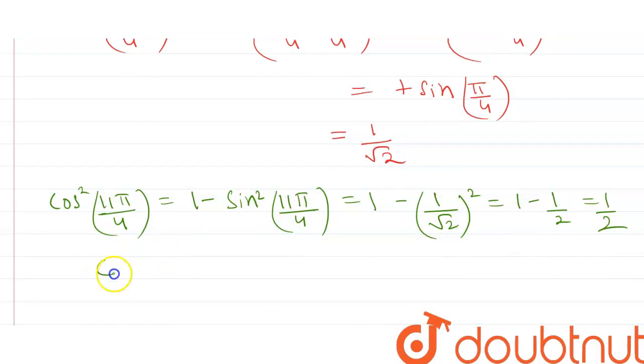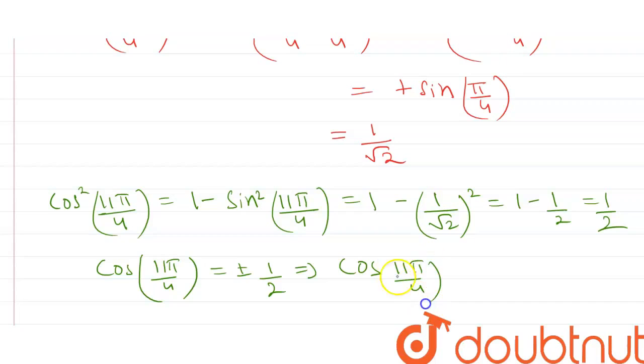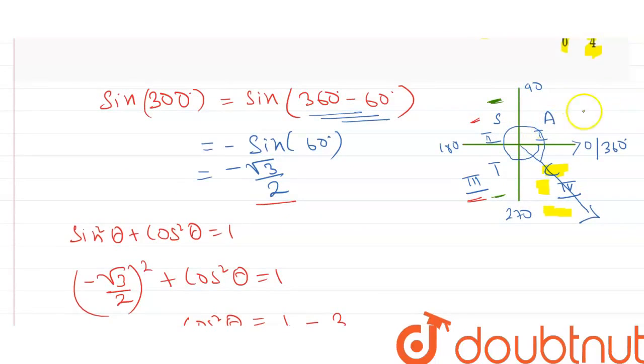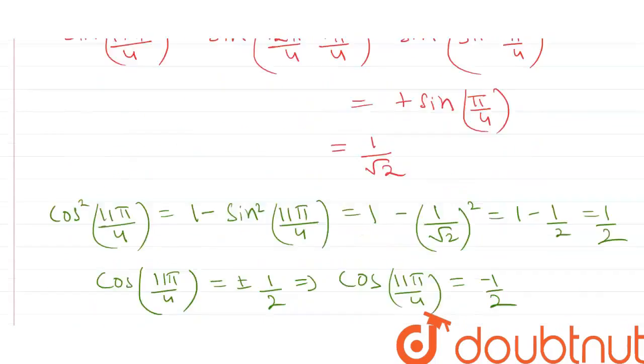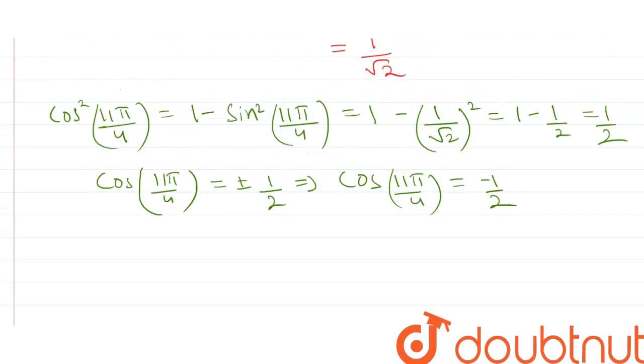So cos square 11 pi by 4, remove this square, and cos 11 pi by 4 is equal to plus minus 1 by 2. This implies cos 11 pi by 4 equals minus 1 by 2 because we will reject the positive value according to this table.